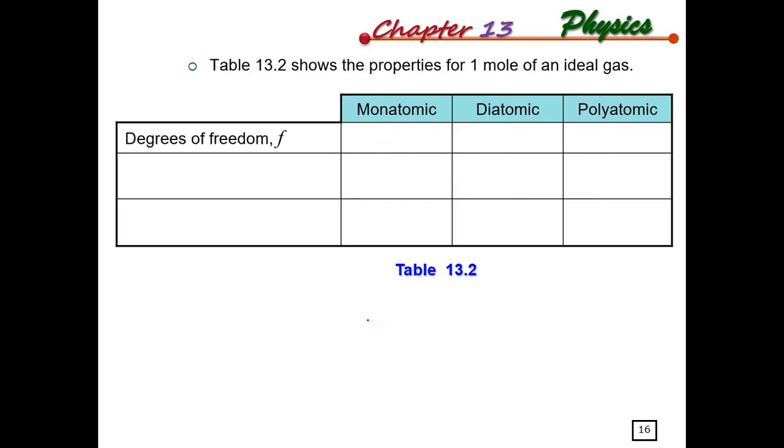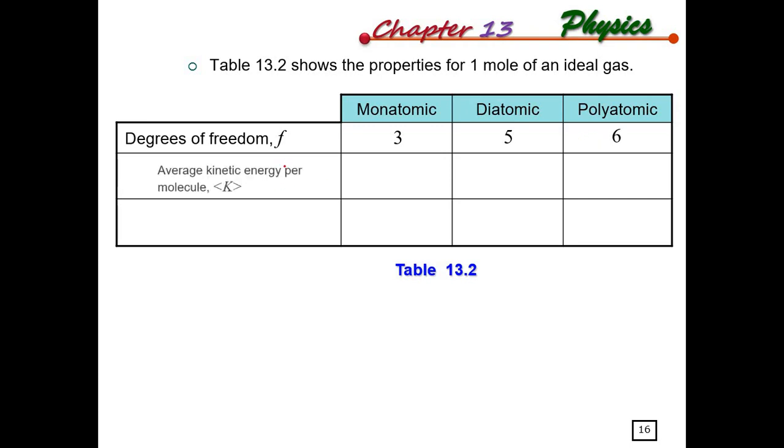This table shows the properties of 1 mole of an ideal gas, the relationship between degrees of freedom for the 3 types of gas: monoatomic, diatomic, and polyatomic. The degrees of freedom for monoatomic is 3, diatomic is 5, and polyatomic is 6.